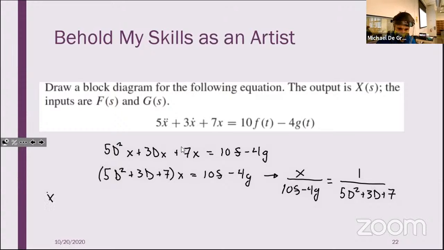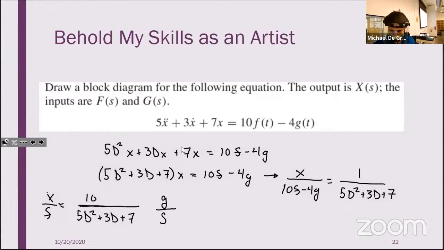In that case, if I had x over f as my transfer function, I'd end up with something that looks like this. And for g, that should be x over g.